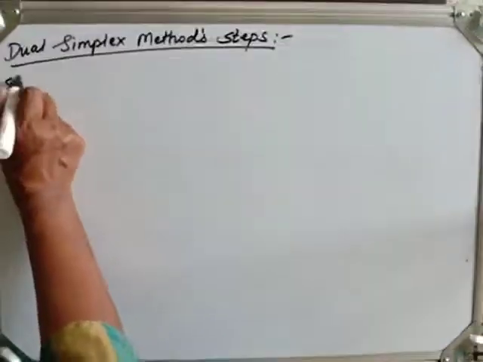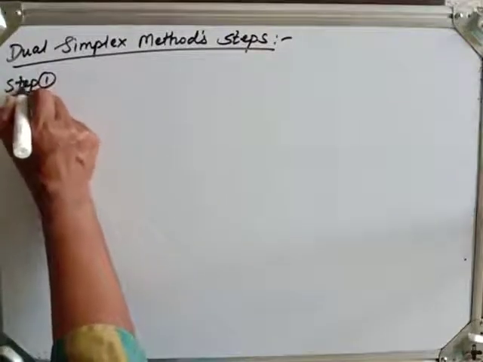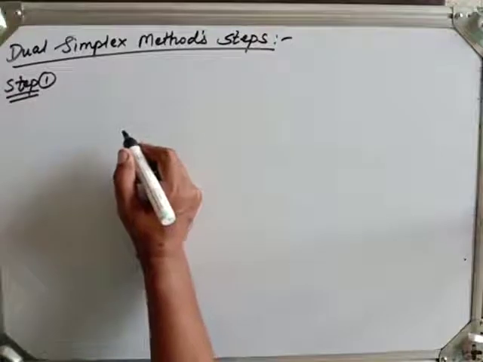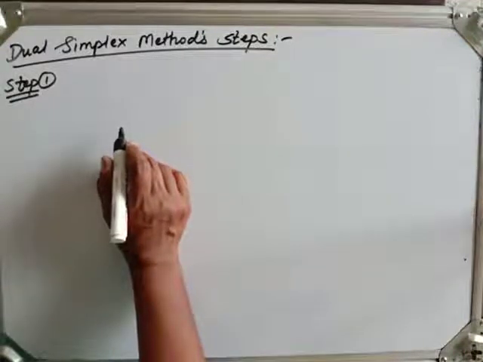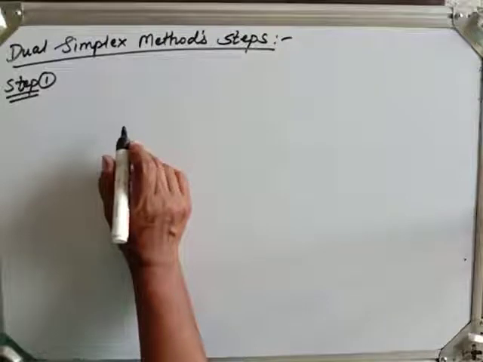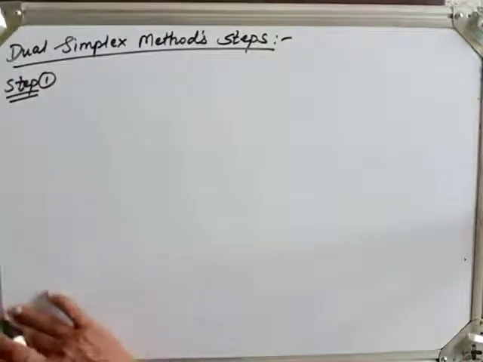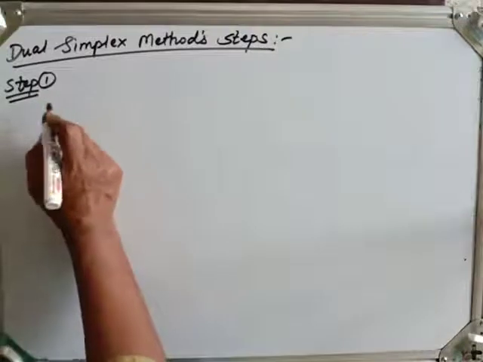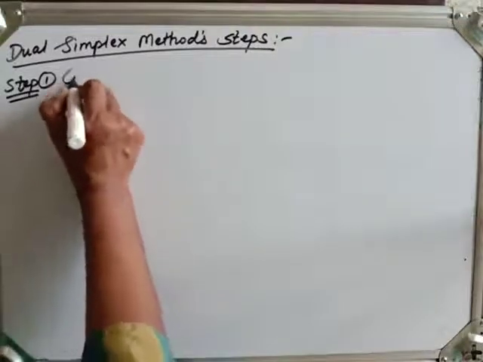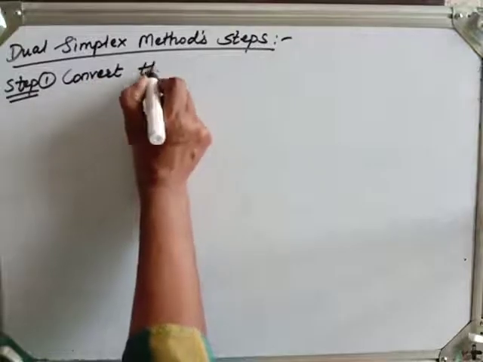The first step is that first of all we need to convert the given problem into canonical form. You know the conditions for canonical form. The objective function must be of maximization type and all constraints should be of less equal type only. Also the non-negativity constraints are greater equal 0.